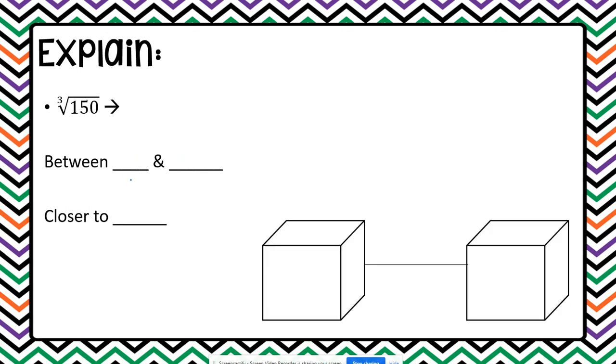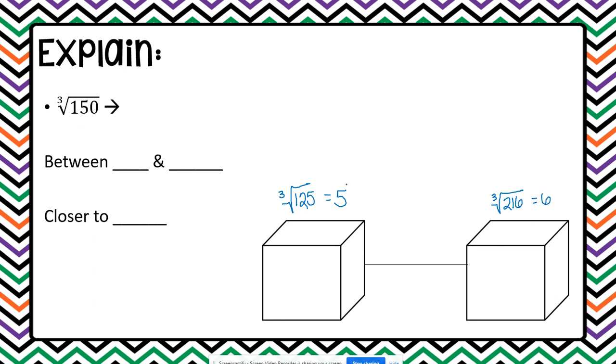For the cube root of 150, we need to find two perfect cubes that this would be located in between. Well, if we think about this, we know that the cube root of 125 is equal to 5. And then we know that the cube root of 216 is equal to 6.